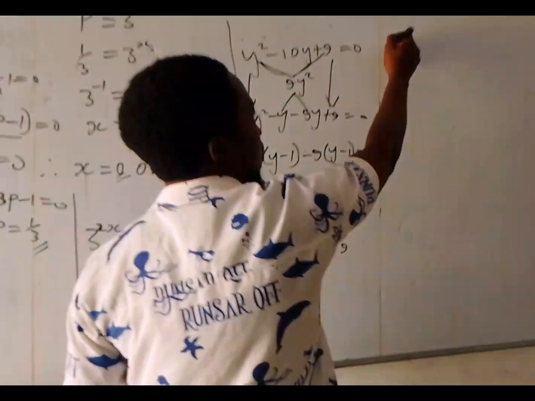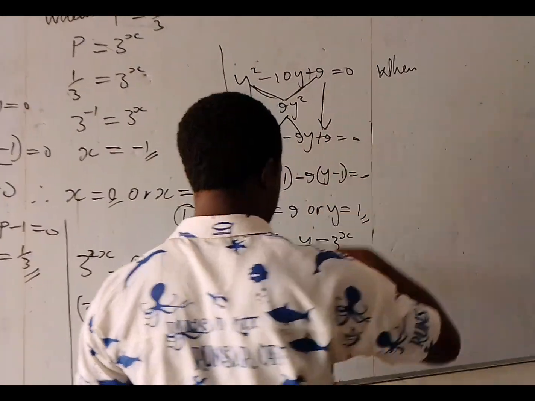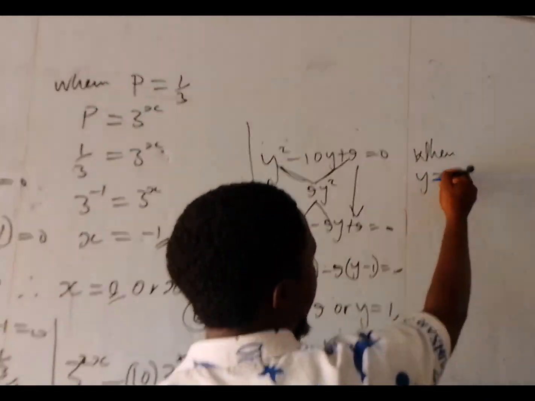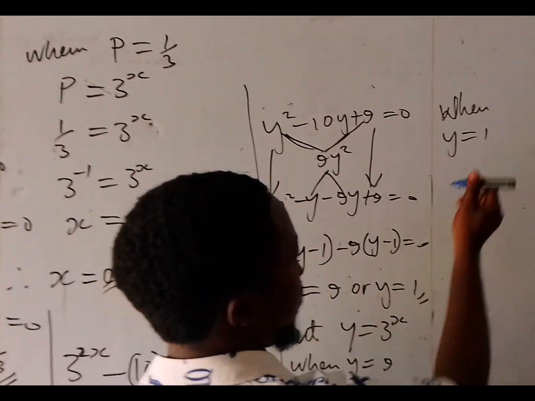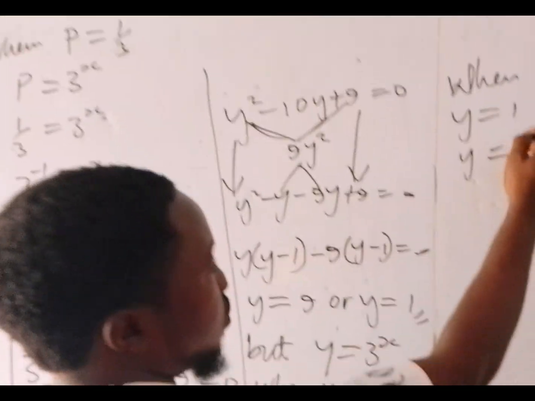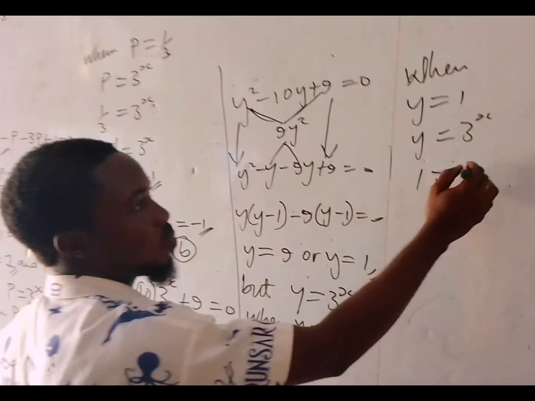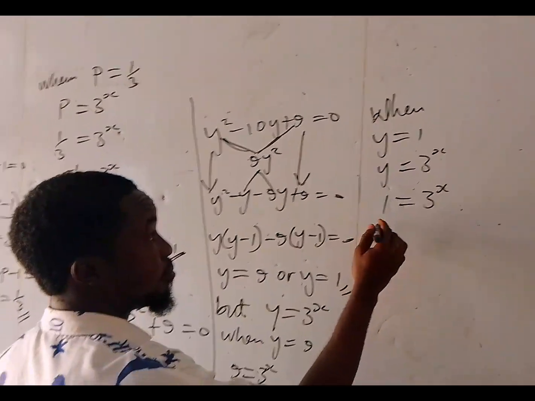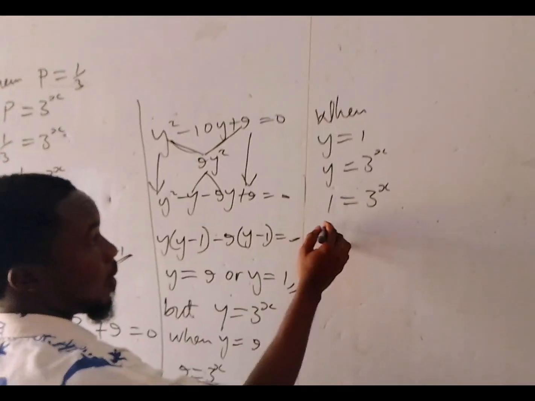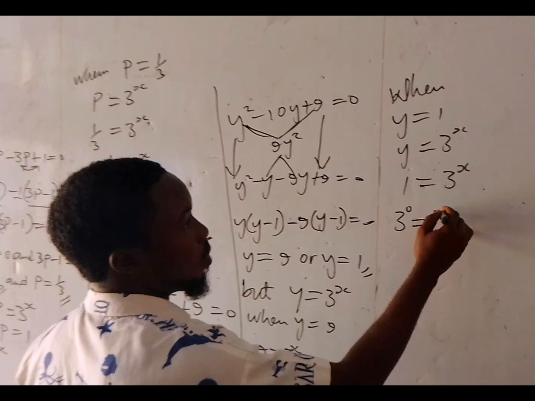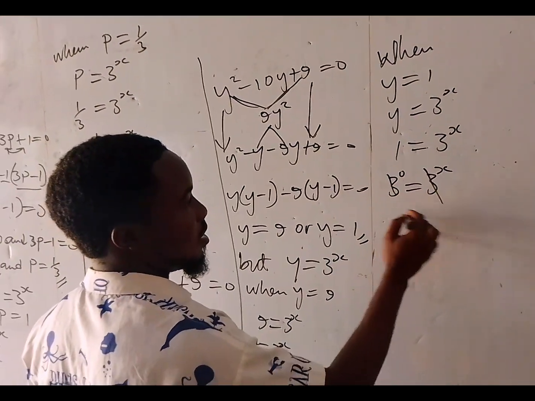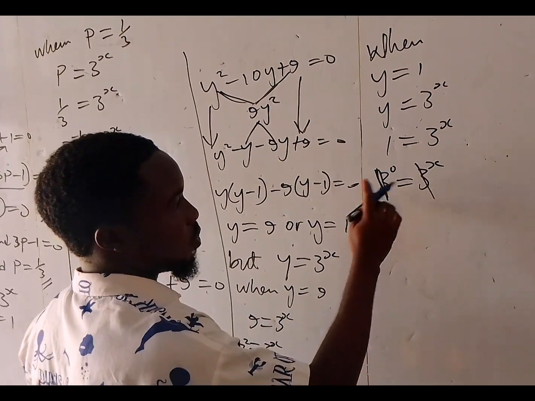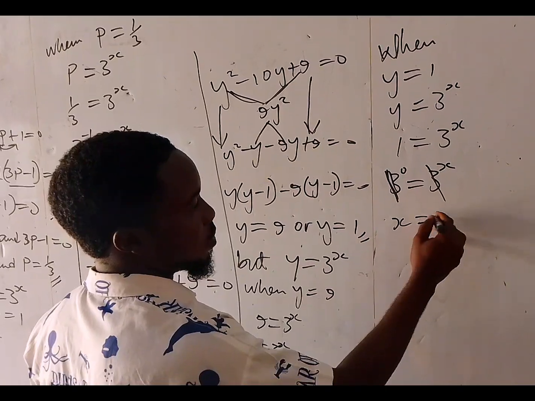Now, when y is equal to 1, we substitute into y is equal to 3 raised to power x. This is 1 is equal to 3 raised to power x. Now this is 3 raised to power 0 equals 3 raised to power x. So this is x is equal to 0.